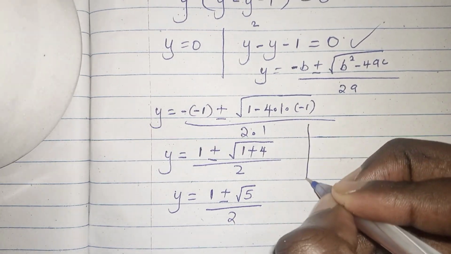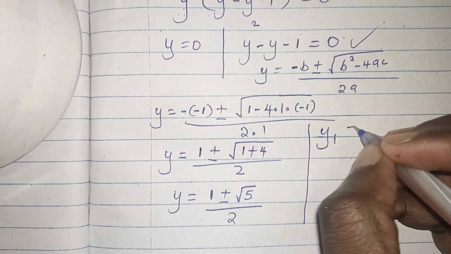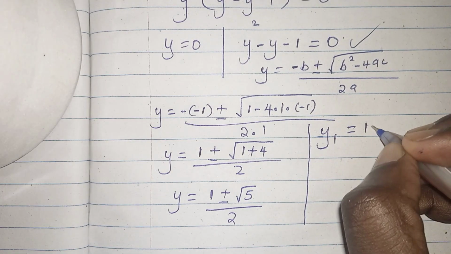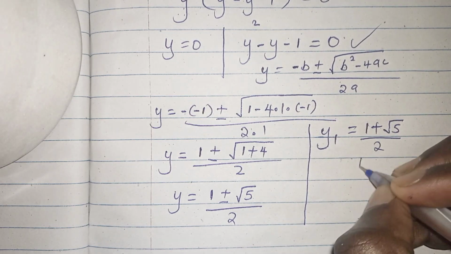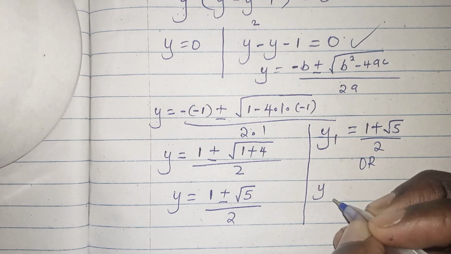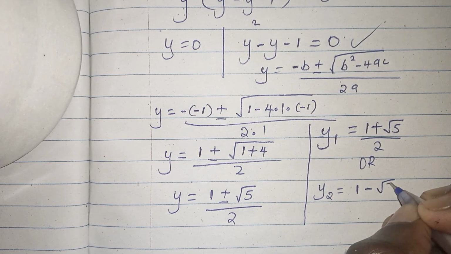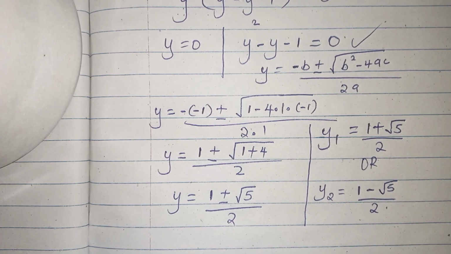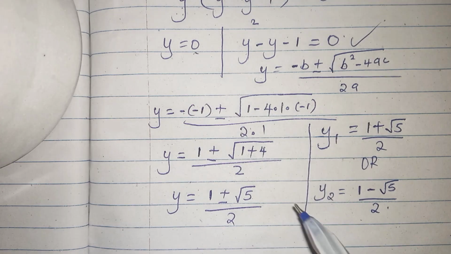So we shall then have two values of y. Our first value of y is equal to 1 plus square root 5 over 2, our second value of y is equal to 1 minus the square root of 5 over 2. And we have the third value of y, which is y is equal to 0.